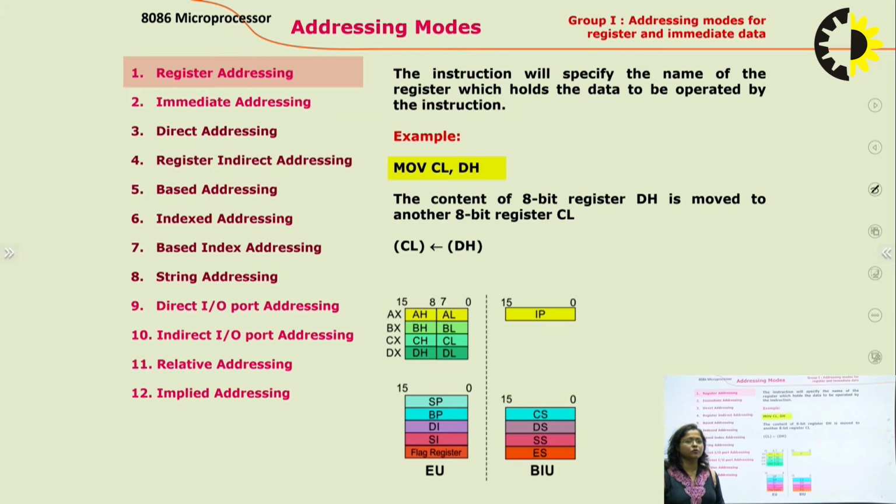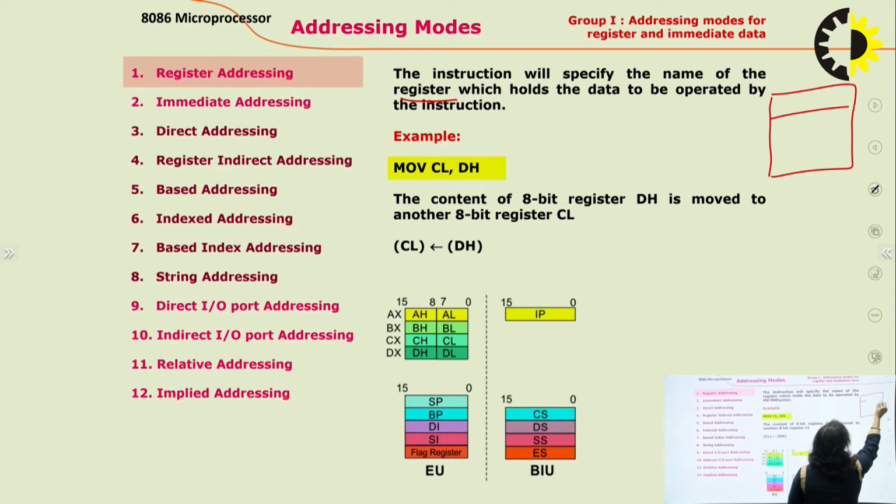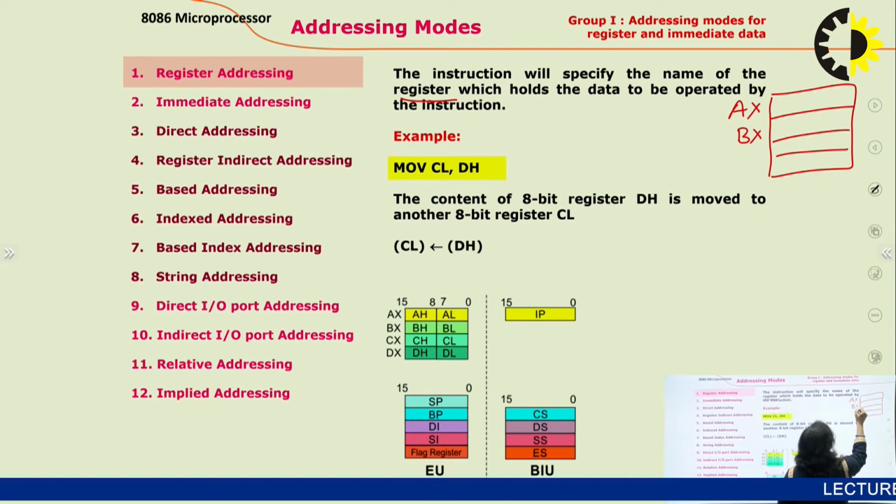So now we will move towards the very first addressing mode, that is register addressing mode. As the name specifies, the operands are in registers only. For example, MOV. The various registers in case of 8086 are AX, BX, CX and DX, which are 16-bit.